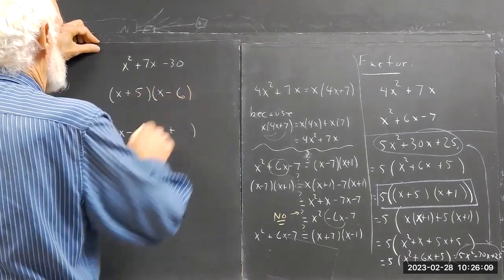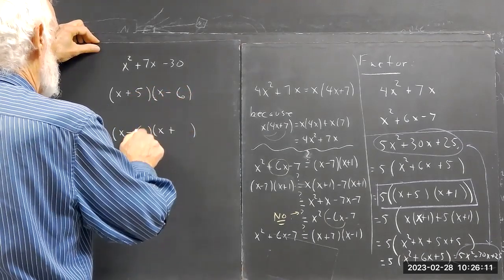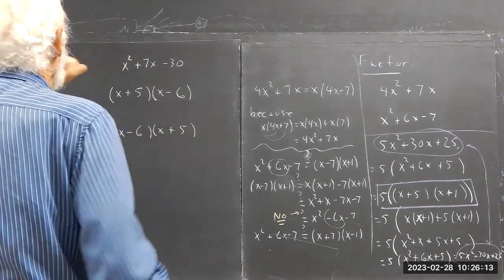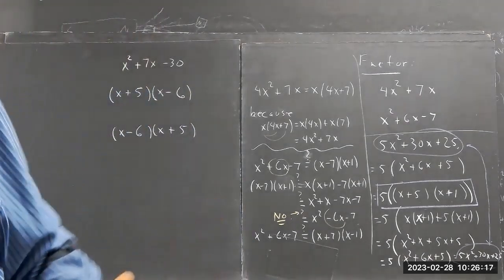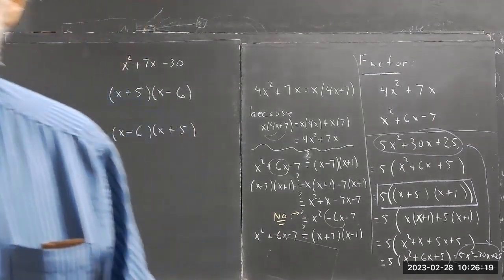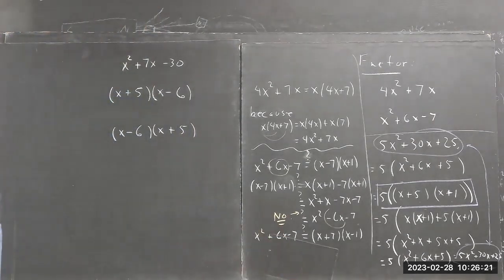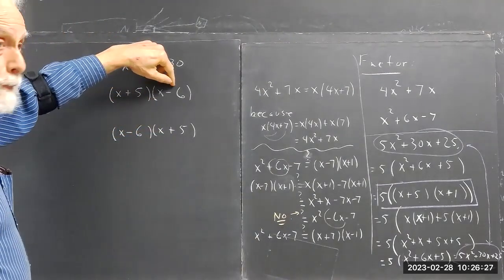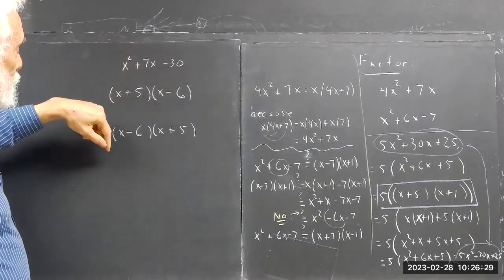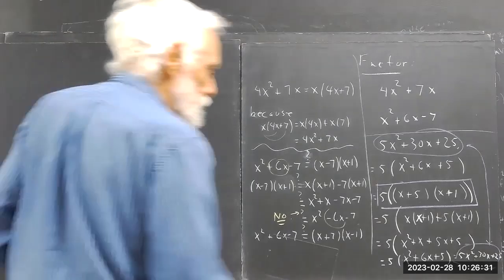It would be x plus 5 times x minus 6. Okay. So we could put the 5 with the plus and the 6 with the minus. Or we could put, well, that was ignorant.